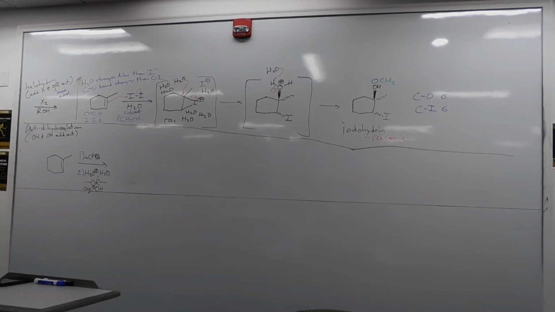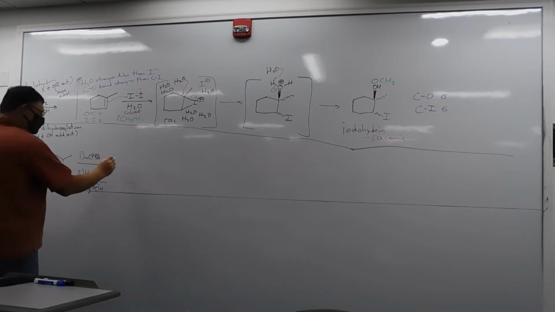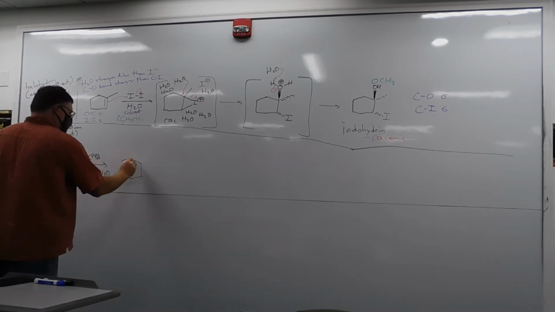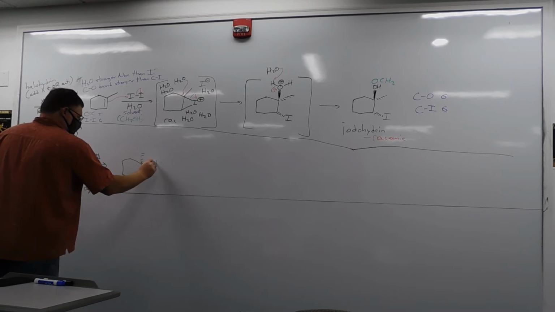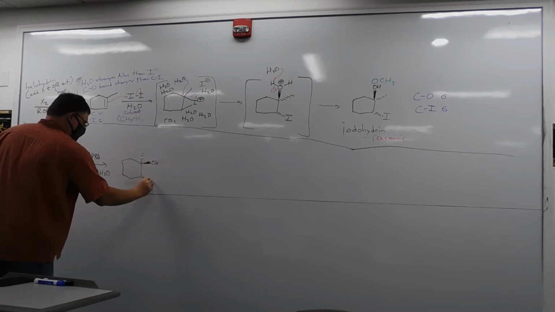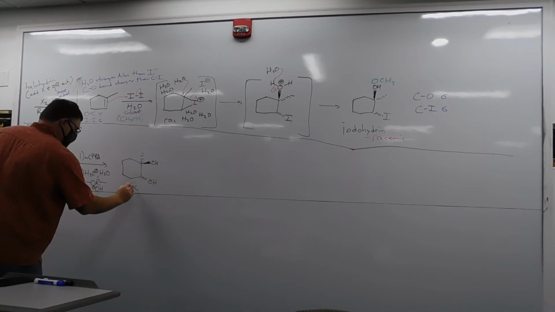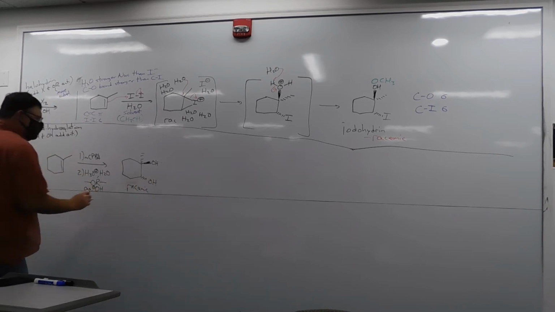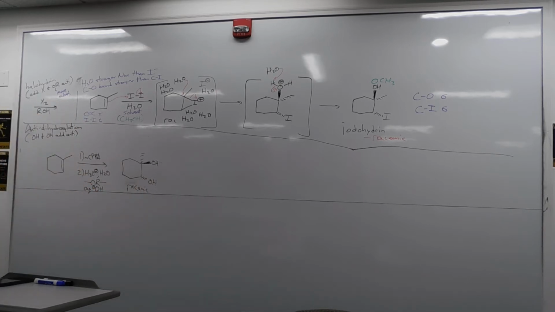I'll let you get this written down at the top and then I'll explain the mechanism. So the reaction is the anti-addition of two OHs to that carbon-carbon double bond.